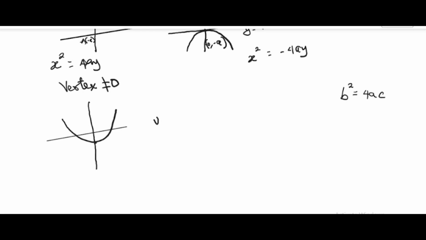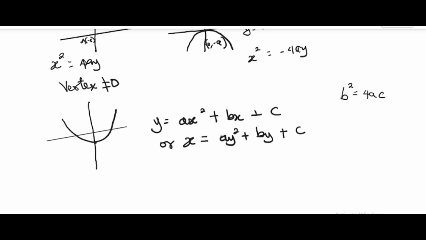So we have the normal equation of a parabola, which is y equals ax squared plus bx plus c, or x equals ay squared plus by plus c.